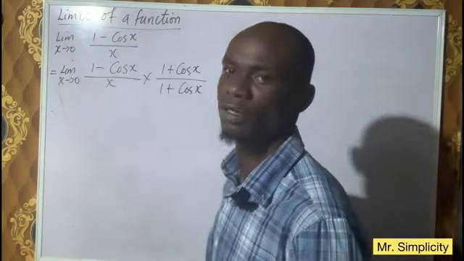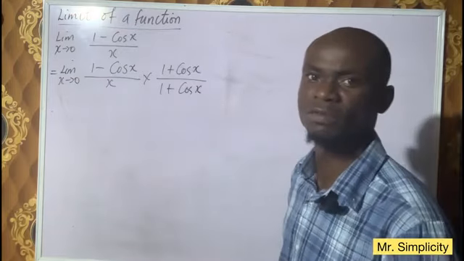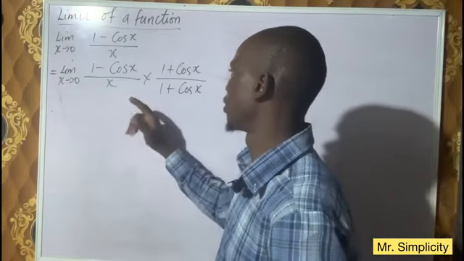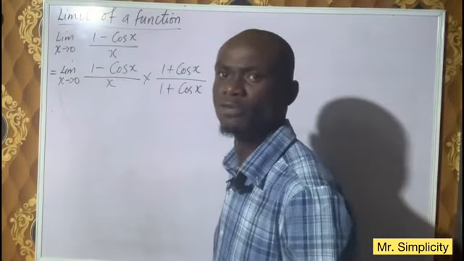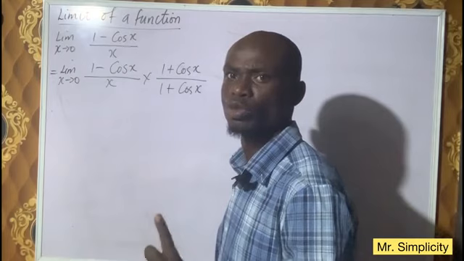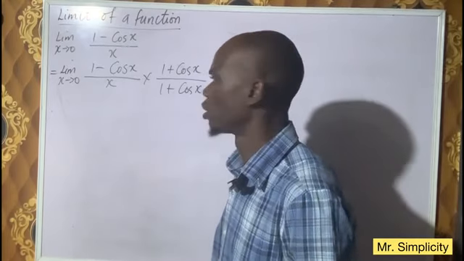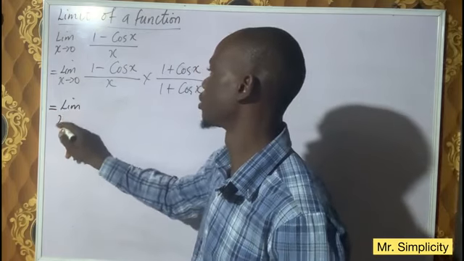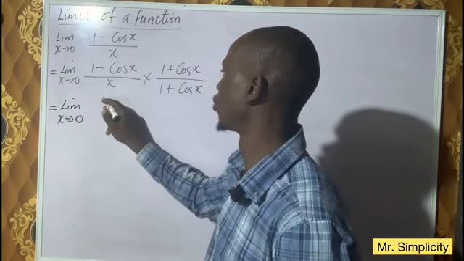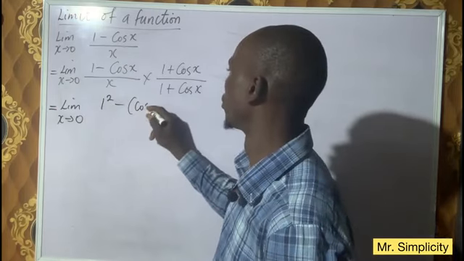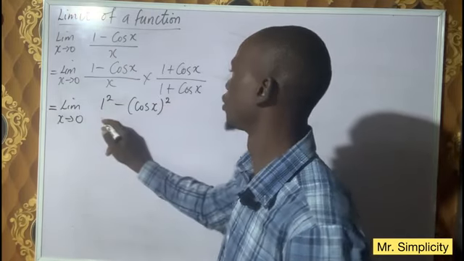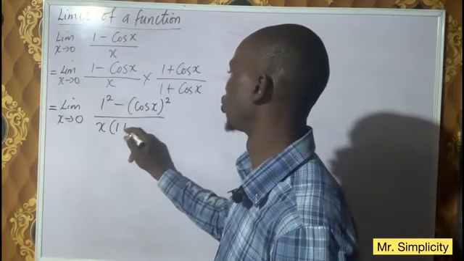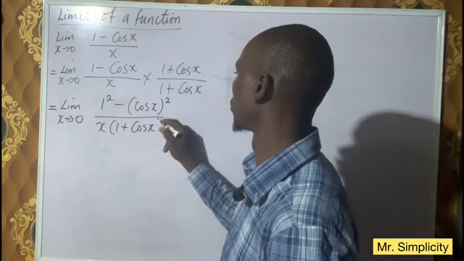Remember, anytime you rationalize, you always have a difference of two squares, which means it's going to be 1 squared minus cos x all squared. So this will be equal to limit as x tends to 0, (1 squared minus cos x squared) all over x times (1 plus cos x).